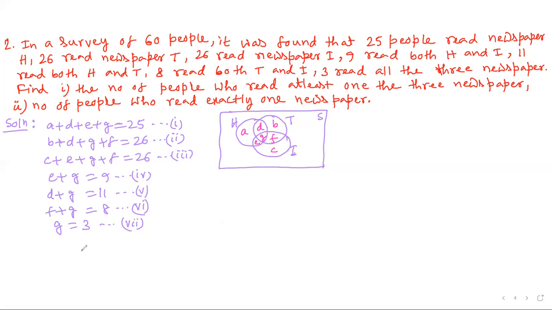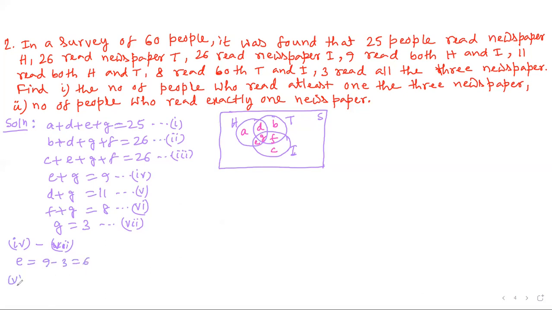If you see the relations, from the last, G is equal to 3. So the value of G we have already got, that is 3. Now if you use equation number 4 minus equation number 7, then you will get the value of E, that is 9 minus 3 is equal to 6.